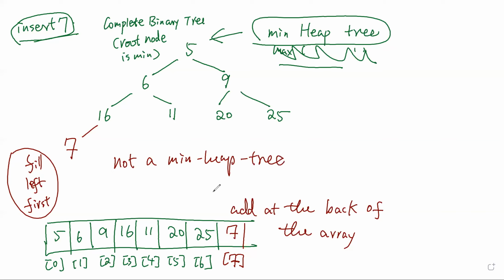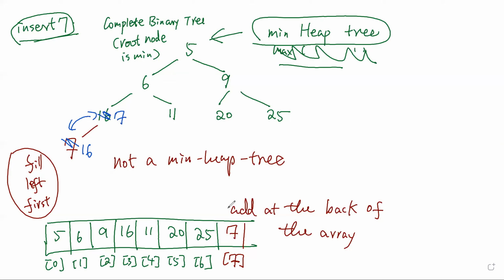So how do we get it to a minimum heap tree? In a minimum heap, the parent's value should be less than the child node. So here we can swap these two numbers.